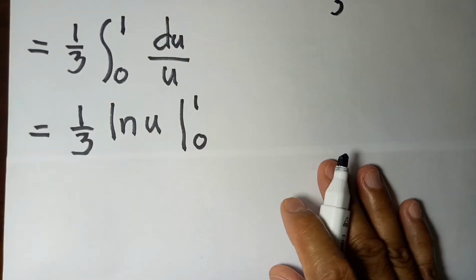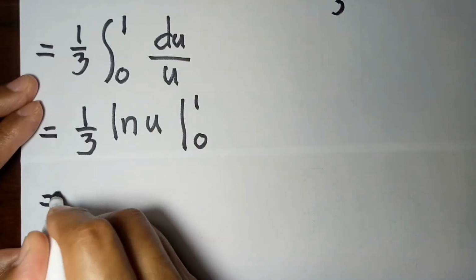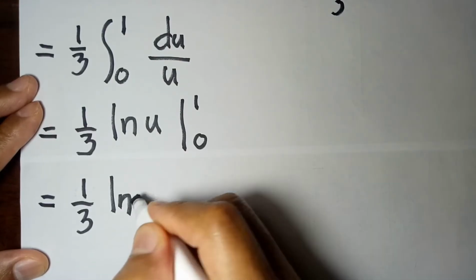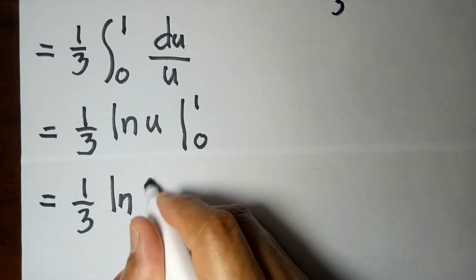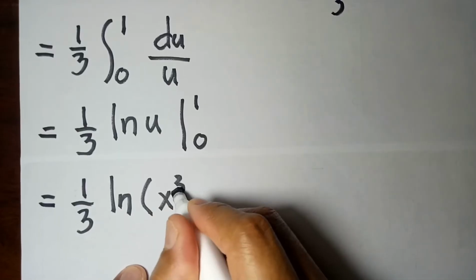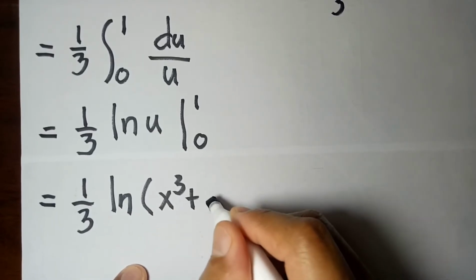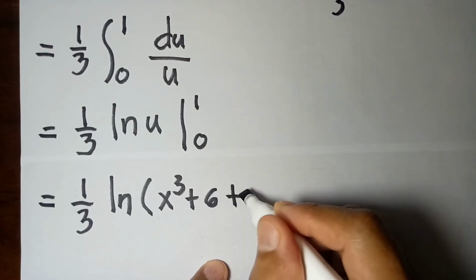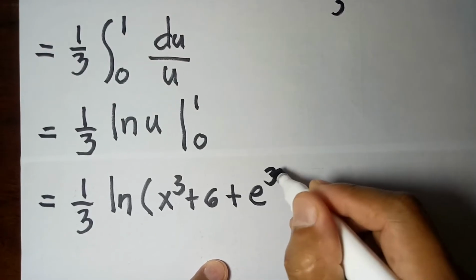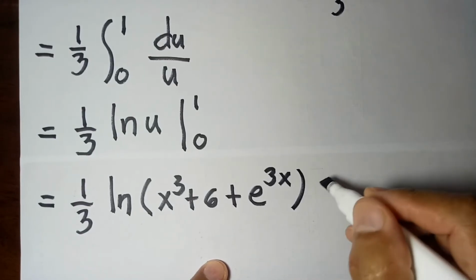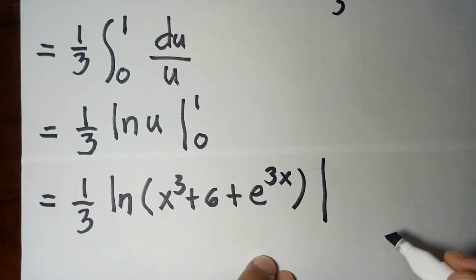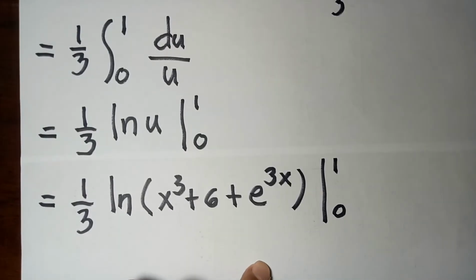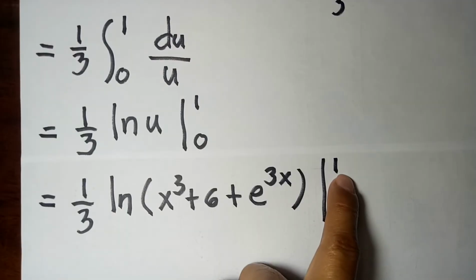So we will have 1/3 ln of x cubed plus 6 plus e raised to 3x, and then it is to be evaluated from 0 to 1. So our a is 0, our b is 1.